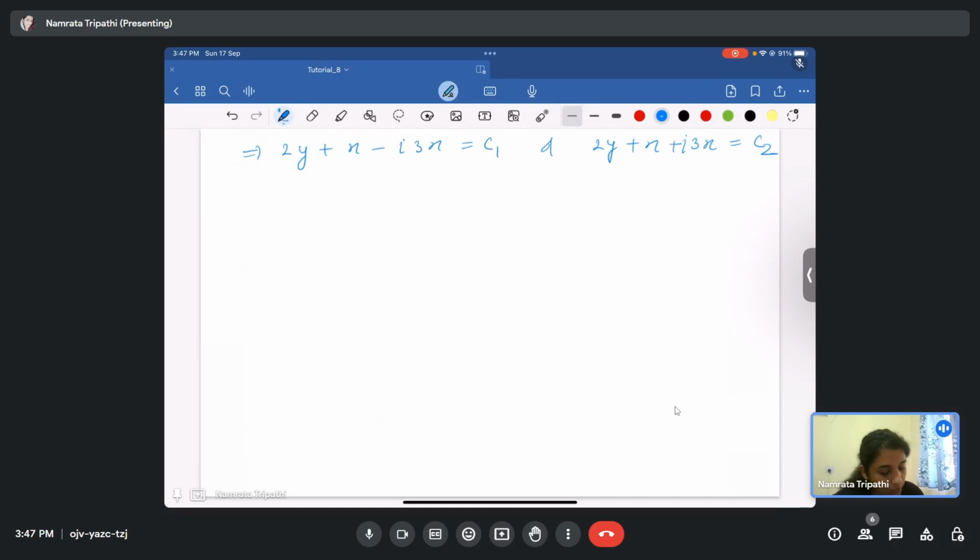Fine. Now we have to choose xi and eta because we have to reduce the given equation into canonical form. Jacobian for xi eta. Let's take xi is equals to 2y plus x.